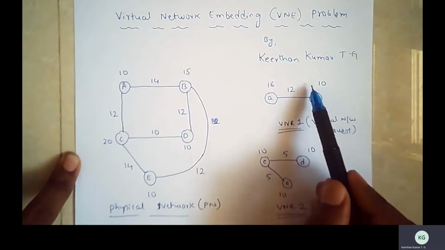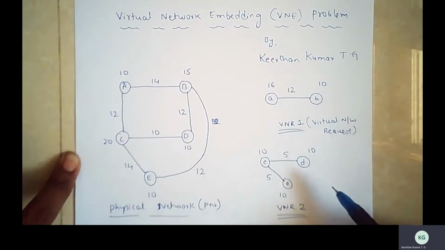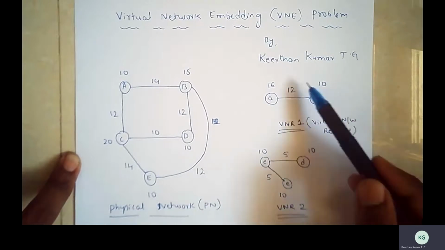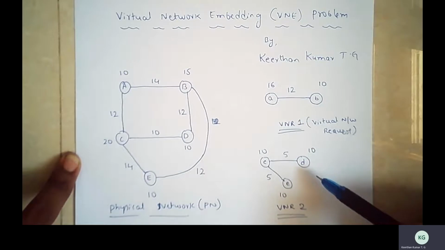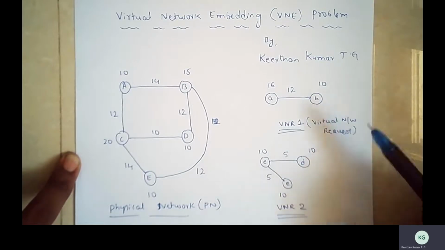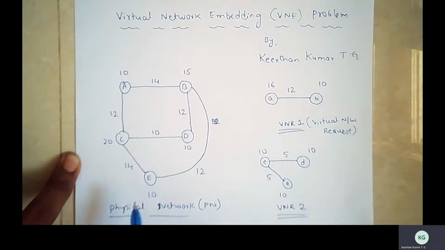So the values we see on the virtual network request correspond to the demand. In the other case, the values on the physical network represent available capacity.